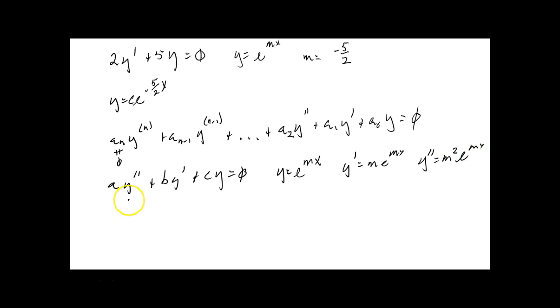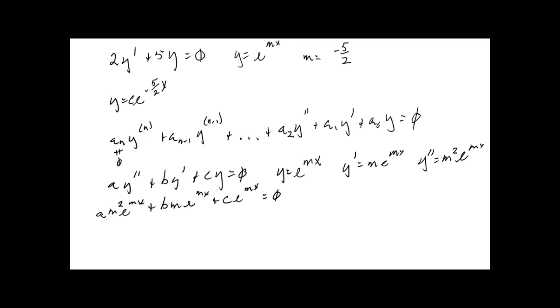So if you plug in here, what do you get? a m squared e to the mx plus b m e to the mx plus c e to the mx is equal to 0.